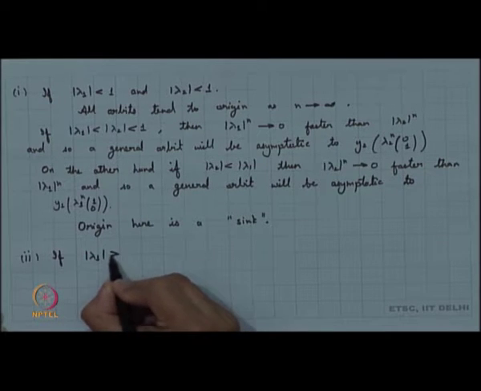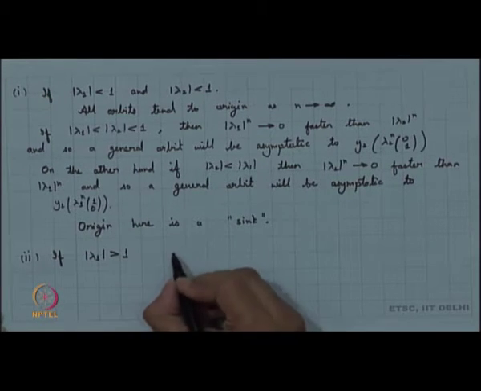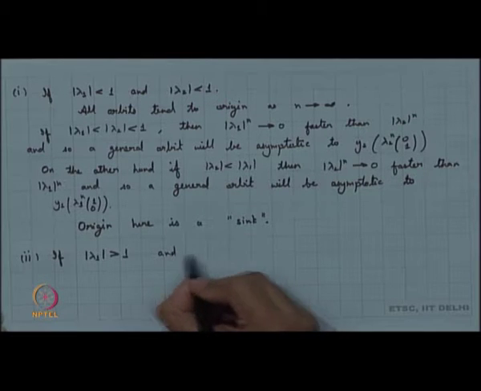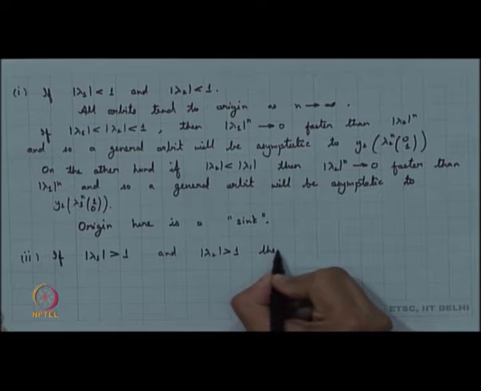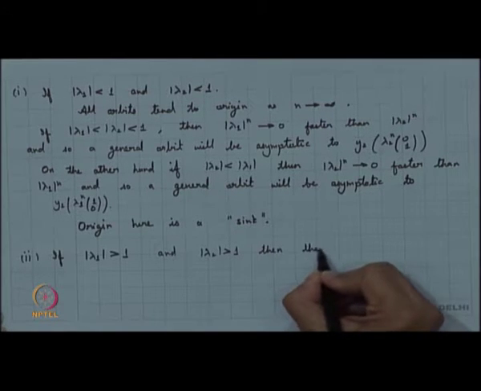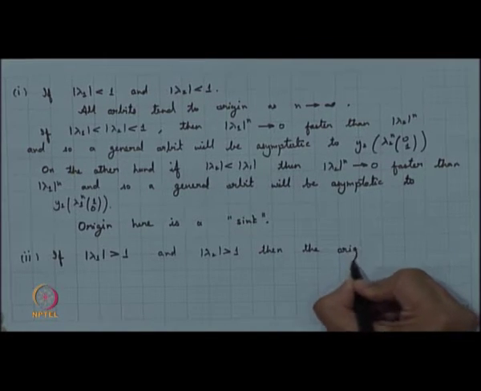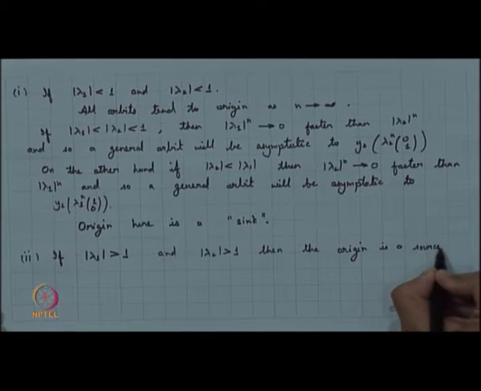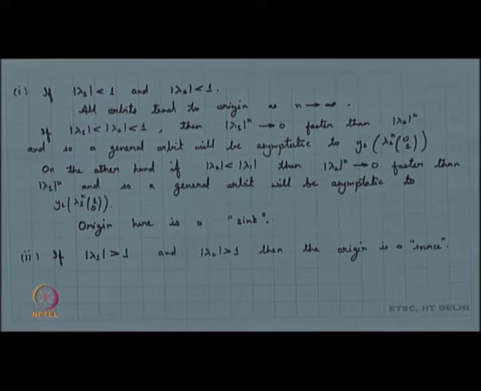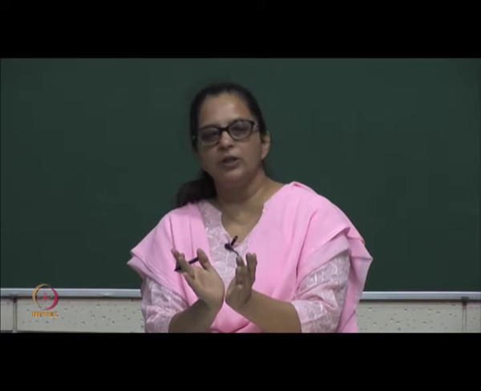If mod of lambda 1 is greater than 1, and mod of lambda 2 is also greater than 1, then the origin is a source. Your origin is a source because everything is basically asymptotic to the origin in the negative direction.